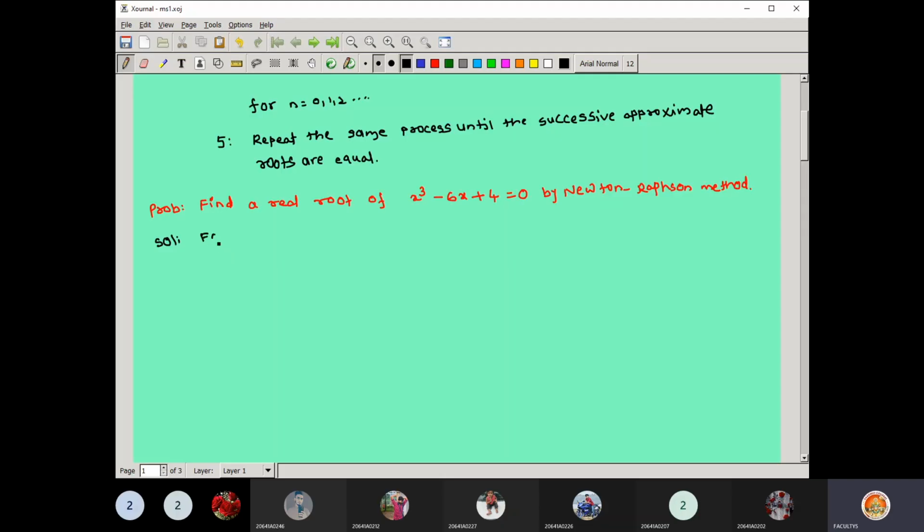For the given algebraic equation, let me suppose f of x equal to x cube minus 6x plus 4 equal to 0. It is a third degree equation. In order to select the real numbers a and b, same procedure.